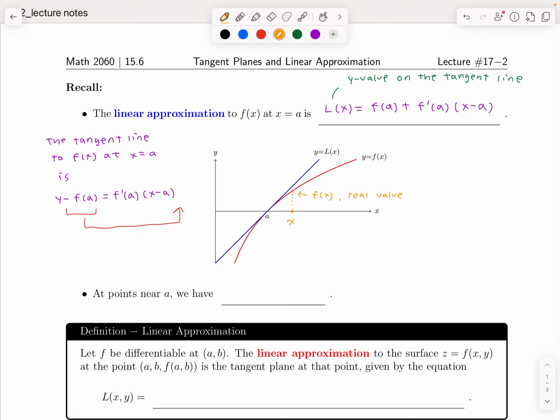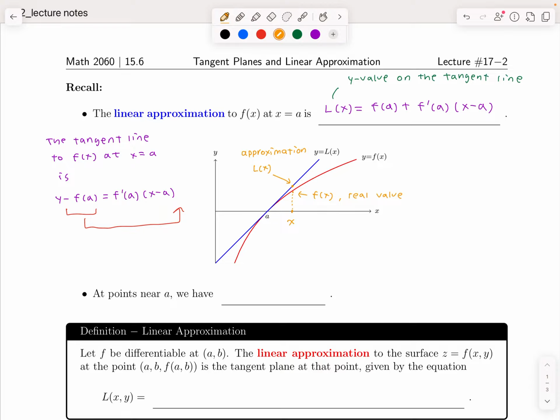For example, if your curve is sine of x and I want to find sine of 2, then without using a calculator, I don't know what the value of sine of 2 is. However, you can see that this value right here is L of x, which is your approximation. And you can see that the y value L of x and the y value f of x are very close to each other.